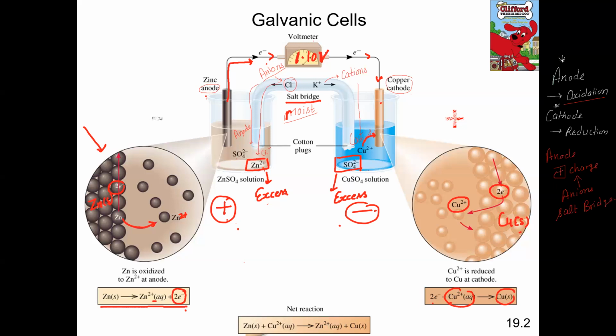And the cathode is getting electrons, negative charges entering it. So cathode, reduction, the cathode is accumulating negative charge. So who will come and neutralize this negative charge? Cations from the salt bridge. So these can be questions.